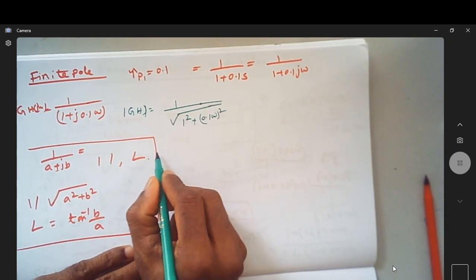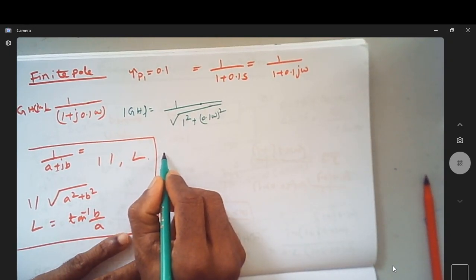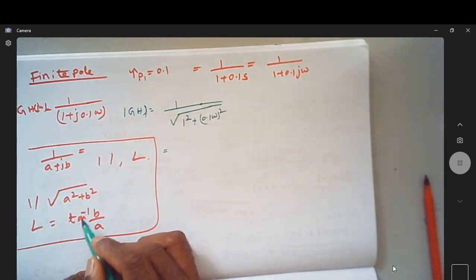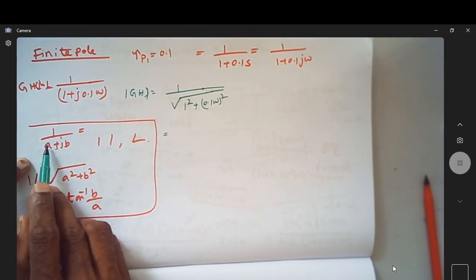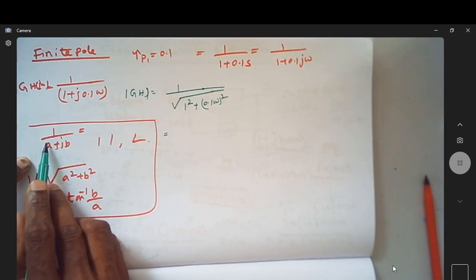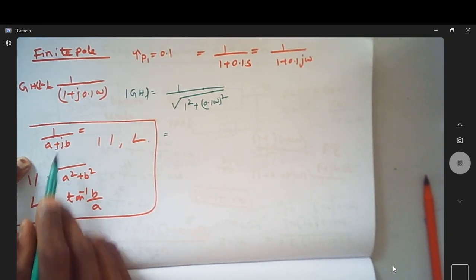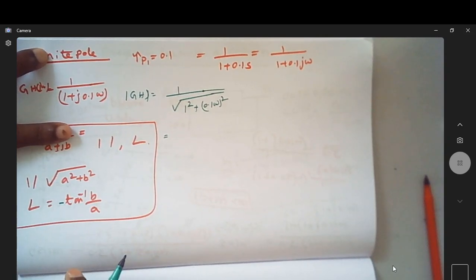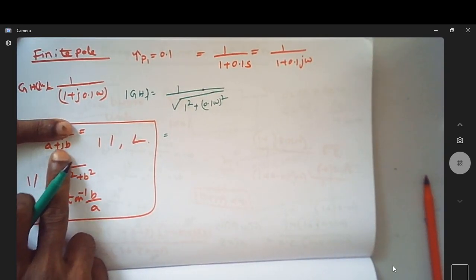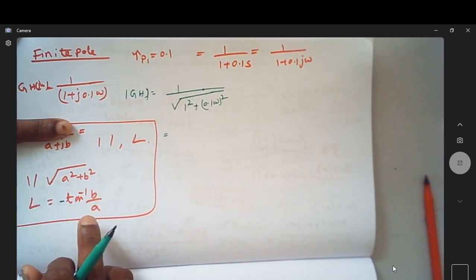Now how about phase? Since it is there down here, since it is 1 over so and so, this will be minus tan inverse of b by a. So typically this is written as tan inverse of b by a, that is imaginary by the real.